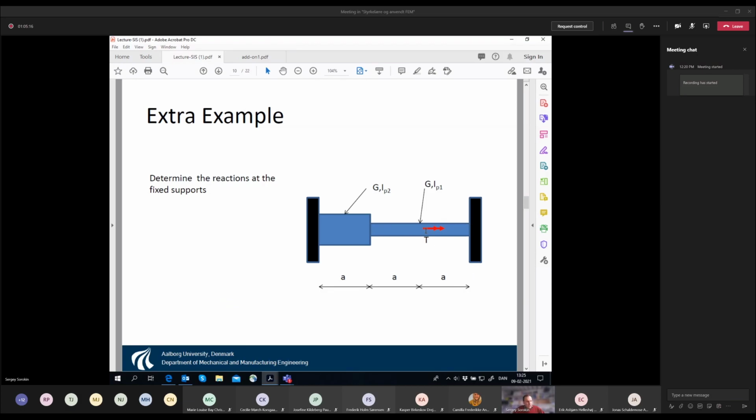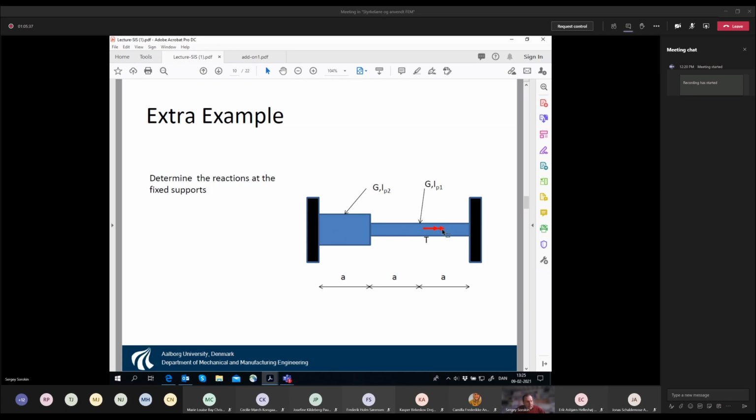And it's exposed to this single torque acting here. Then what happens is that we have the torque which acts here, and we have torque which acts here, and together they balance the external torque.